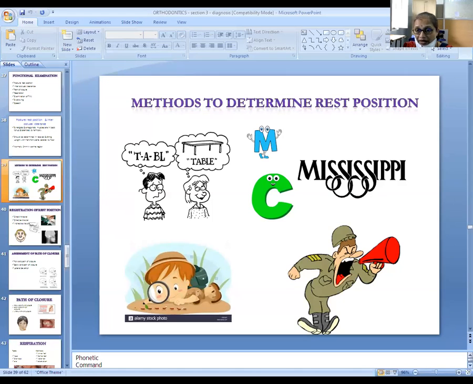Another is the command method. You ask the patient to relax and close the mandible. So the methods are phonetic, command, and non-command. In phonetic, it is Mississippi, or words starting with M or C.